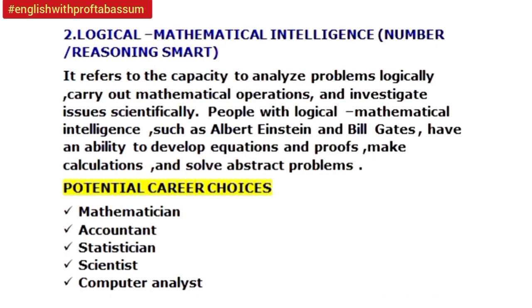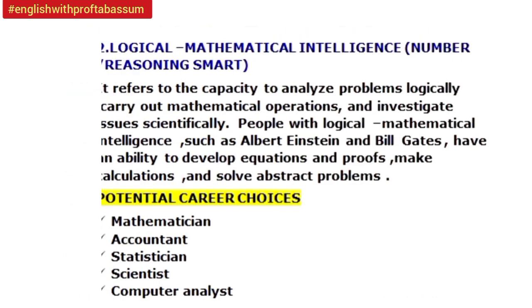They have the ability to develop equations, they can give proofs, they can make calculations, they can also solve abstract problems. So, the people with this type of intelligence can have a career as a mathematician, accountant, statistician, scientist, or a computer analyst.